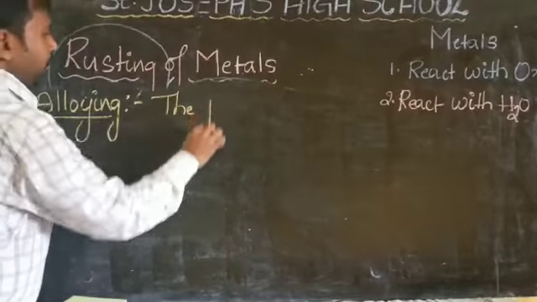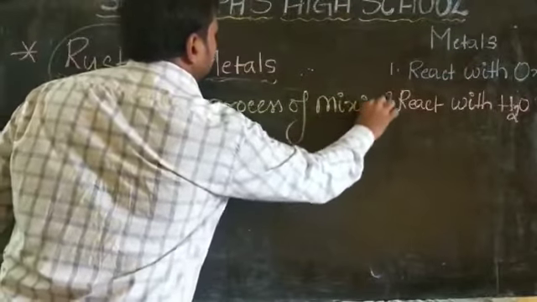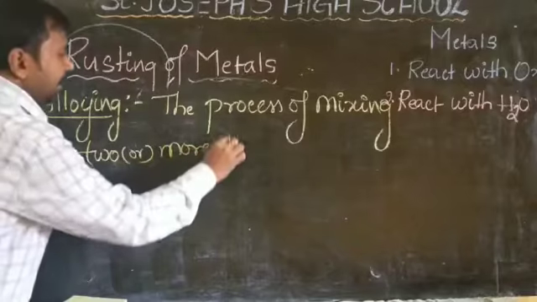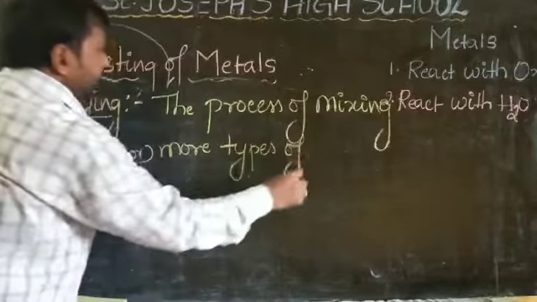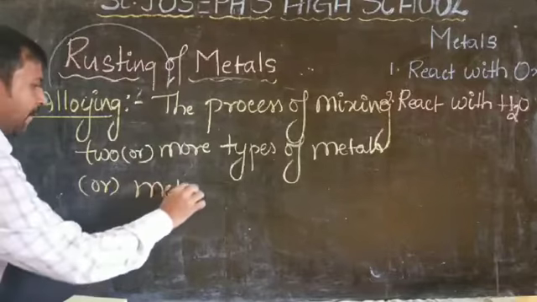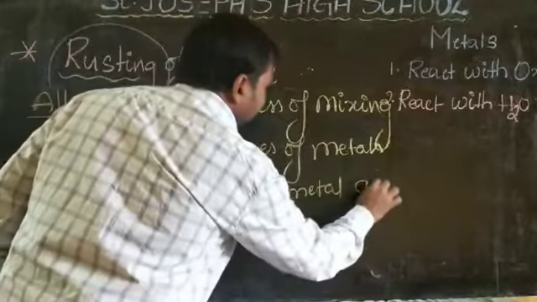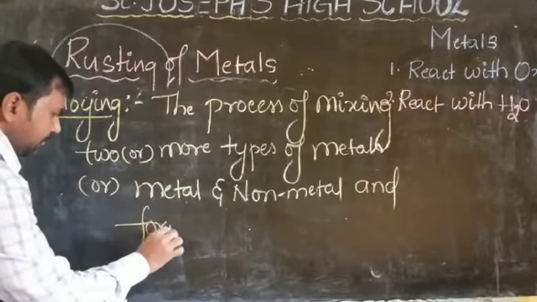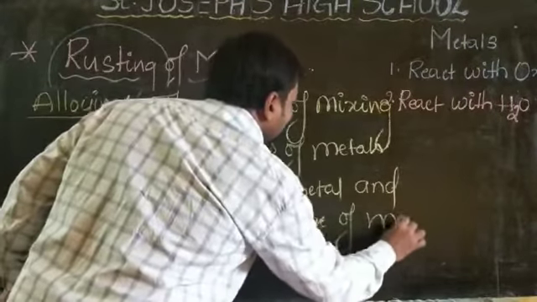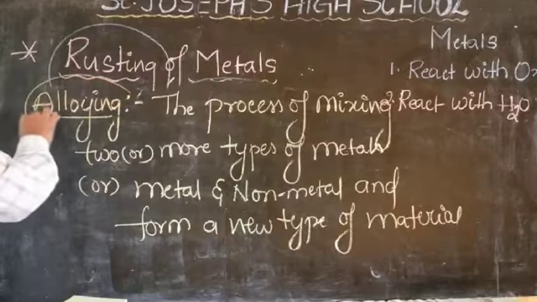The process of mixing two or more types of metals, or metal and non-metals, and forming a new type of material or new type of substance. This process is called alloying.